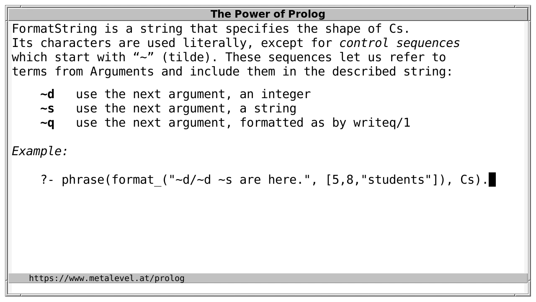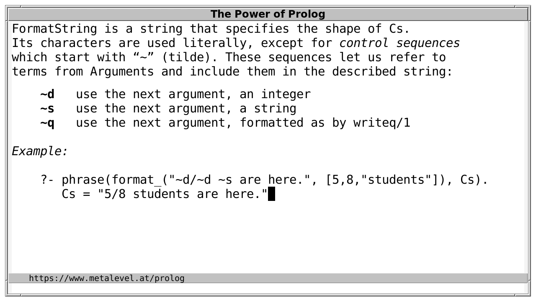And we are asking for the string Cs, where these arguments are plugged in, so to say, at the specified places. So for instance, in this case, we get a solution, the string "5 out of 8 students are here".